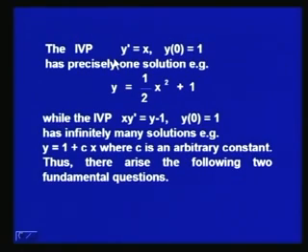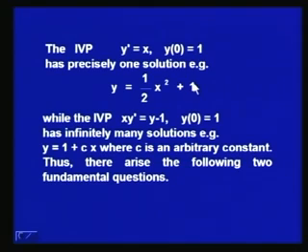Next we consider the initial value problem y dash equal to x, where we are given that y0 is equal to 1. We shall show that it has precisely one solution. dy by dx equal to x we can write as dy equal to x dx, that is we are able to separate the variables x and y. After integrating both sides we shall have y equal to half of x square plus c.